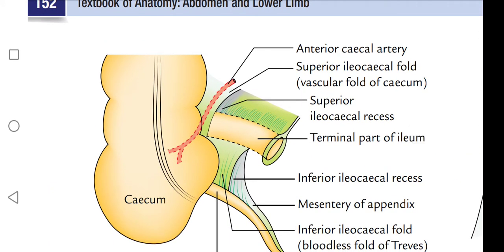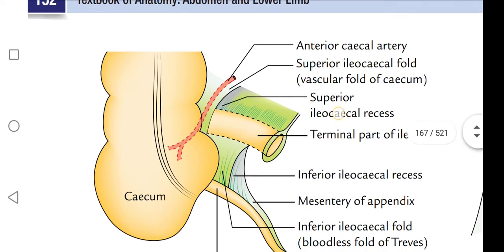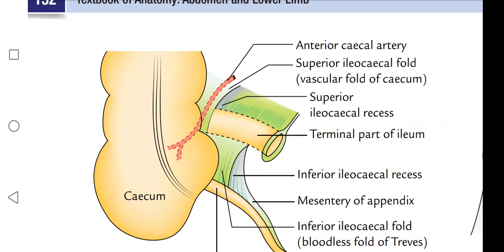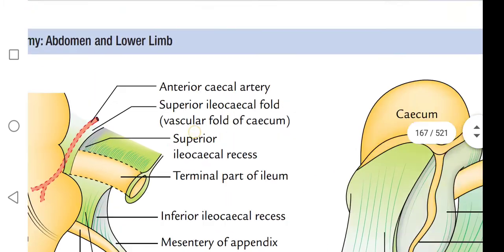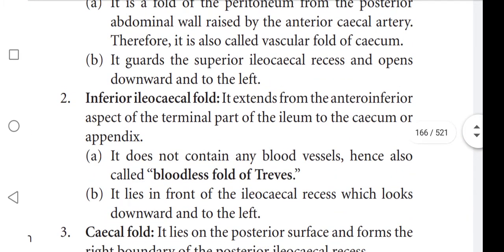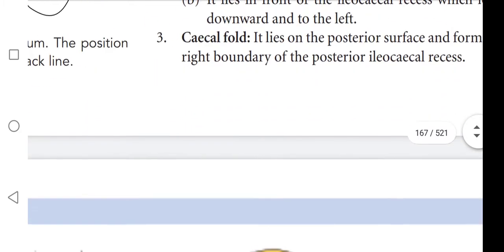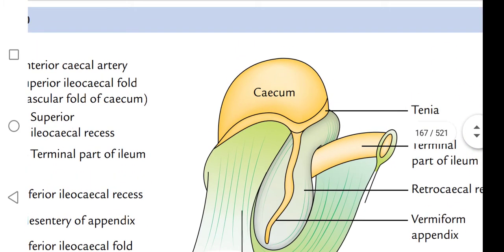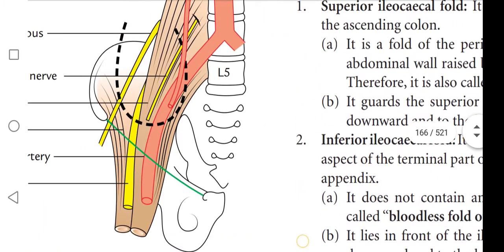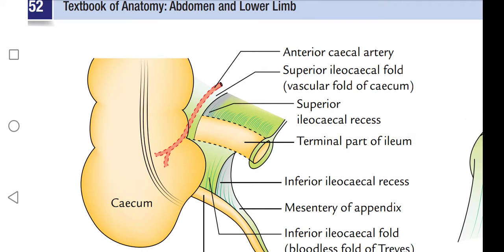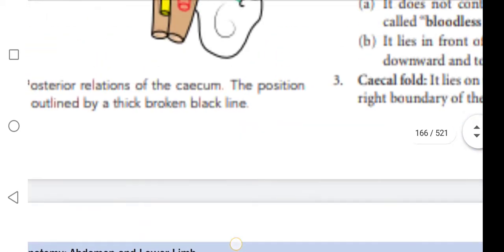This superior ileocecal fold guards the superior ileocecal recess and opens downward and to the left. You may clearly observe here, it comes downwards and opens on the left side.